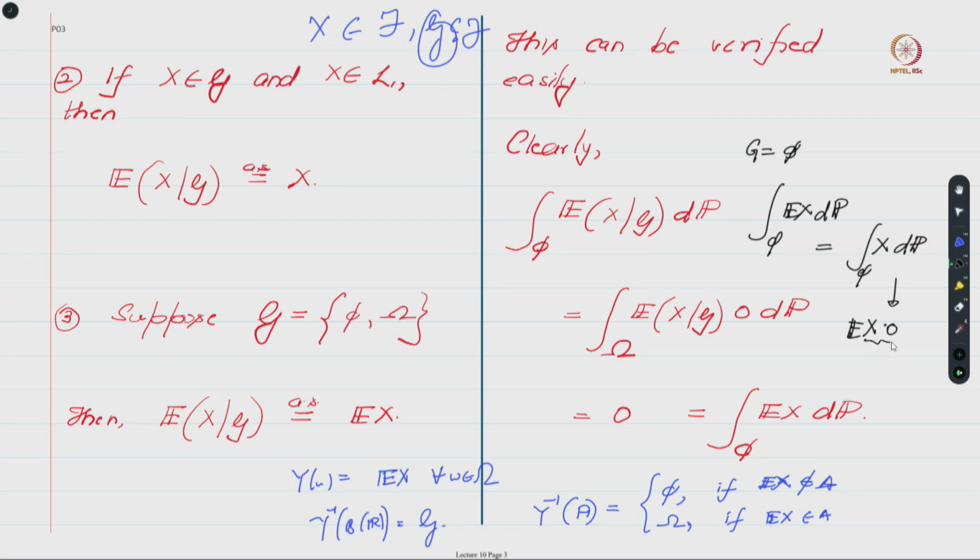So x times 0 is 0, and the expected value of 0 is 0. This can be checked via the definition of the expectation of a simple function that we had looked at. In particular, this 0 can be viewed as 0 times the indicator of omega.